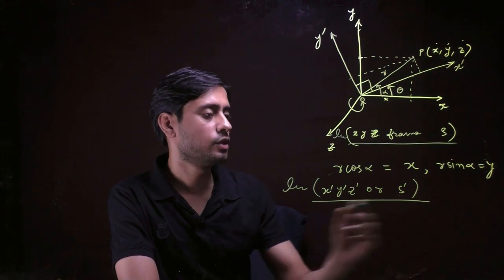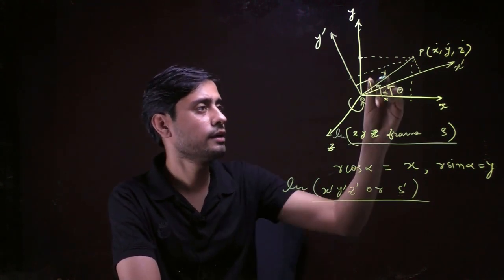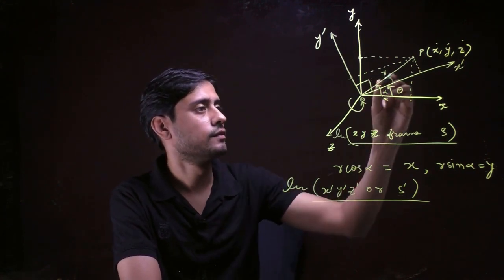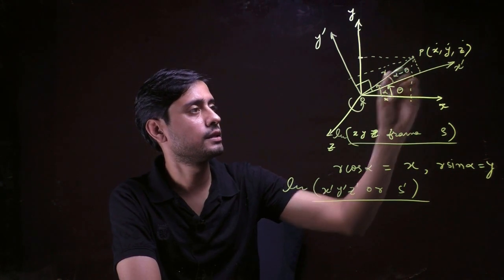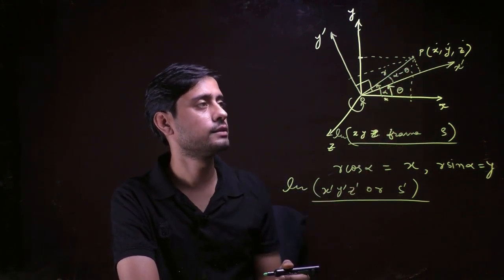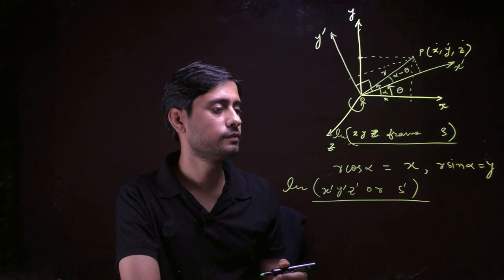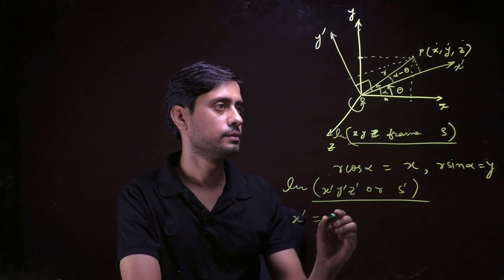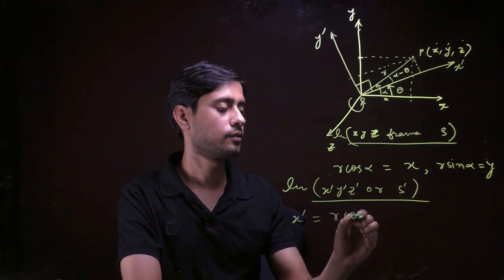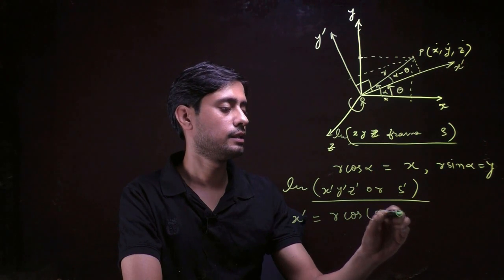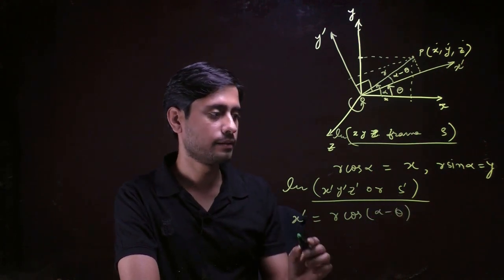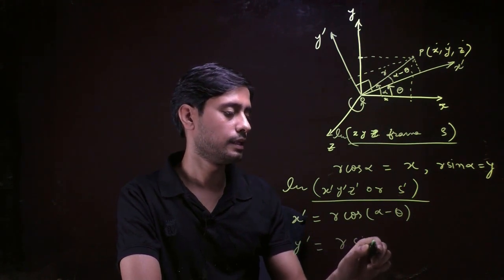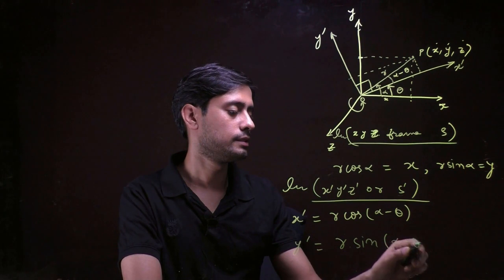So in the new frame, the angle with the new x-axis is alpha minus theta. So the components will be given by x prime equal to r cos(alpha minus theta), and y prime equal to r sin(alpha minus theta).